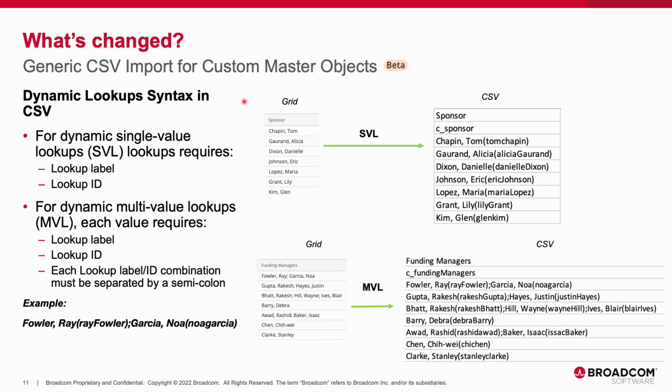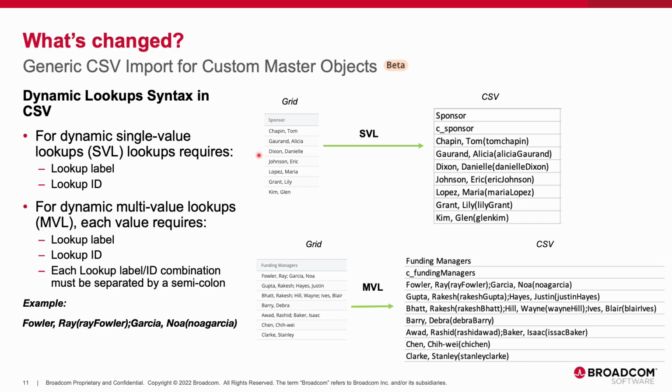For dynamic lookups, we need some additional information inside the CSV, because there's more we need to understand when we're importing that within Clarity. With the dynamic lookups, both for SVL and MVL, we need the lookup label and the lookup ID.